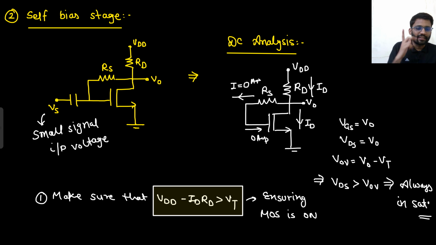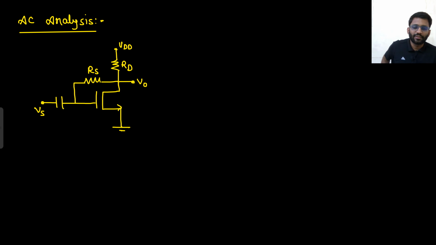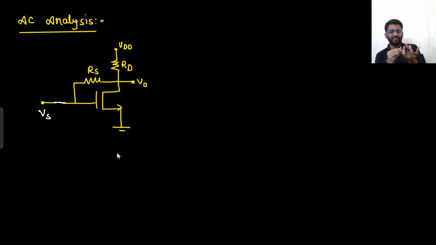Now let's do the AC analysis of this configuration. We are doing the small signal analysis. Now there is a catch in Miller's theorem, and that you will realize here. So this is your Vs, this is your V0. Now what people generally do, those who have already studied, they might have done this thing as well.